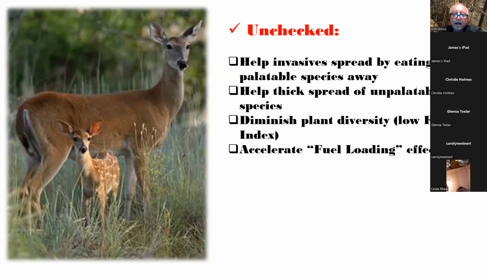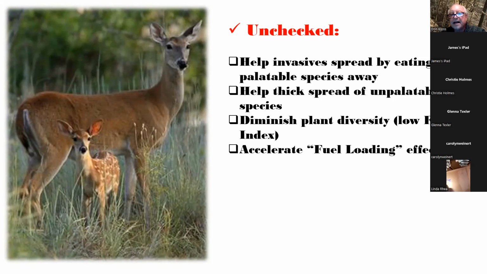If deer populations go into a certain area and do that, and they are unchecked, meaning the deer populations are not controlled by some means, either through controlled hunting or through keeping them out of a forested area by deer fencing, for example, that helps invasives spread.